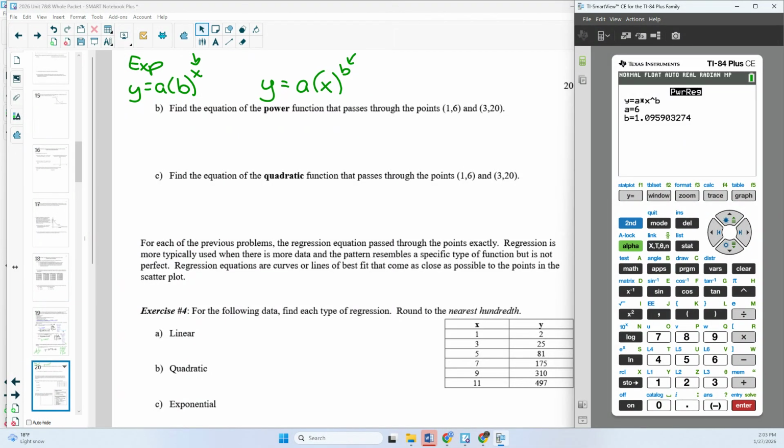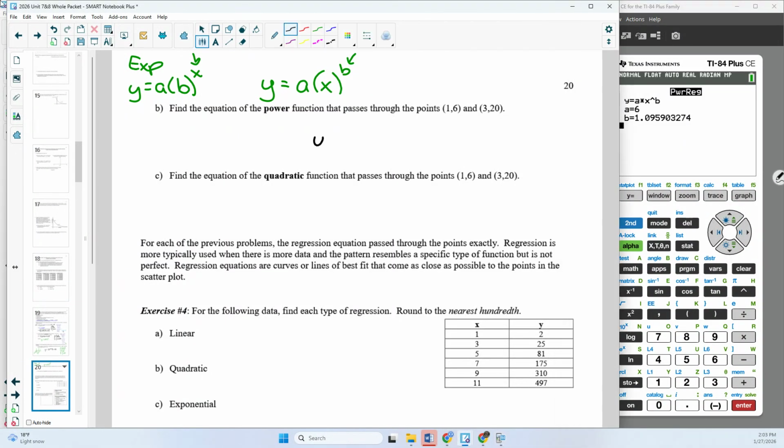I see that form of the power function, and this equation is 6 times x to the power. So I could put that exponent in parentheses, I don't have to. And I didn't say what to round to here. Let's say nearest hundredth. So that's going to be 1.10 up here because that 5 is going to bump it over.